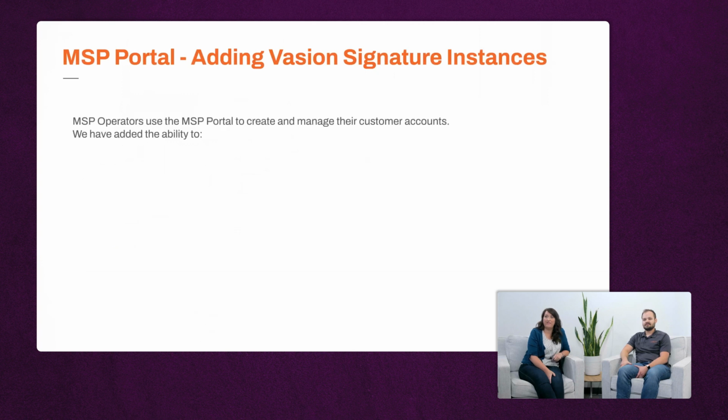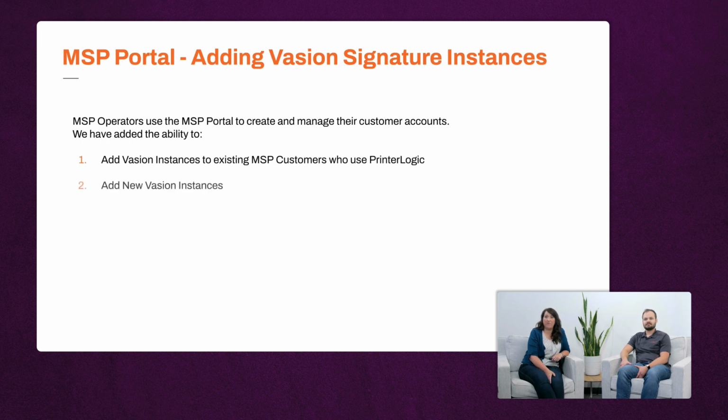Currently, you're using the MSP portal to create and manage your PrinterLogic accounts. And we've modified the MSP portal to allow you to also add Vasion accounts. You're going to be able to add Vasion instances to existing MSP customers who use PrinterLogic. You're going to be able to add new Vasion instances for new customers that don't necessarily use PrinterLogic.